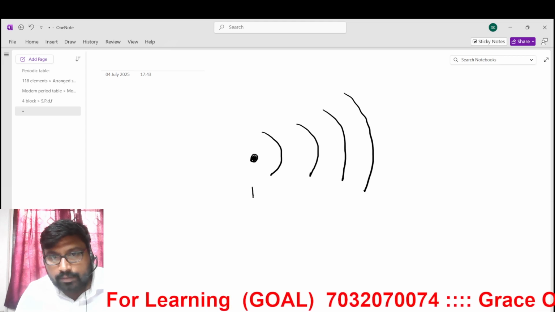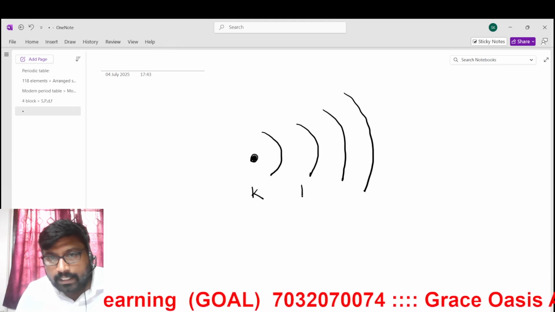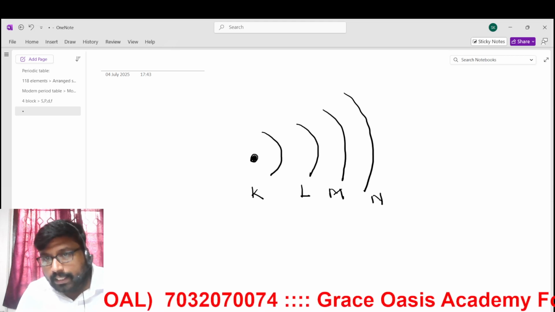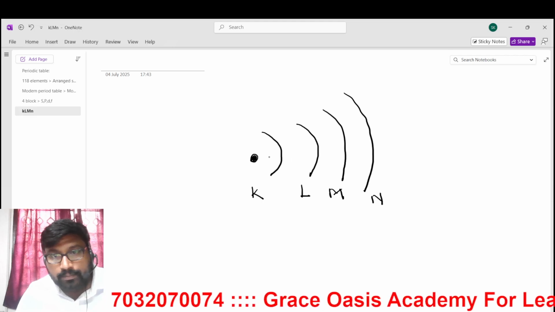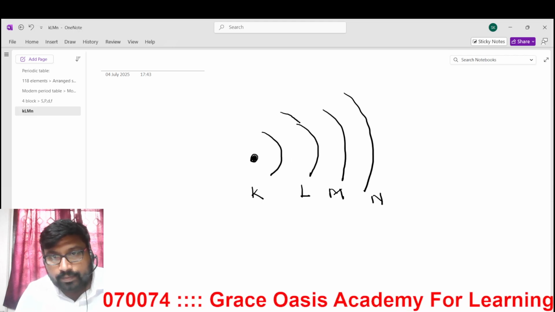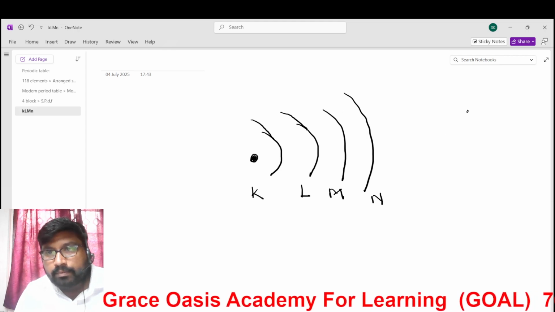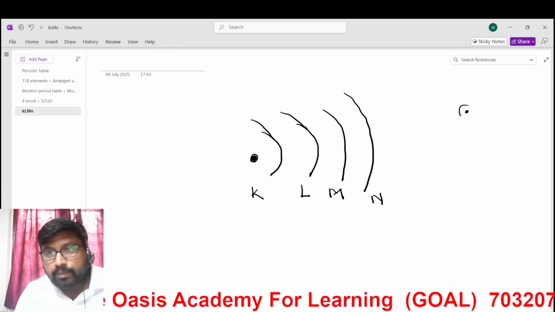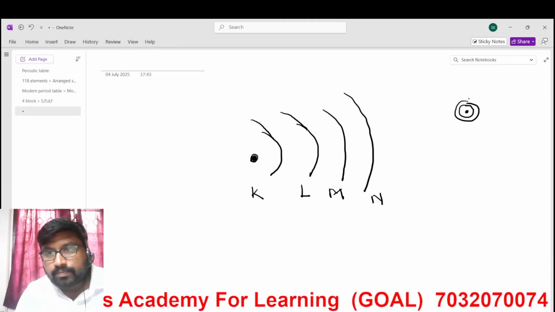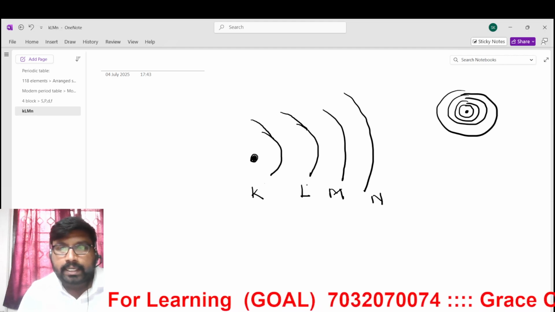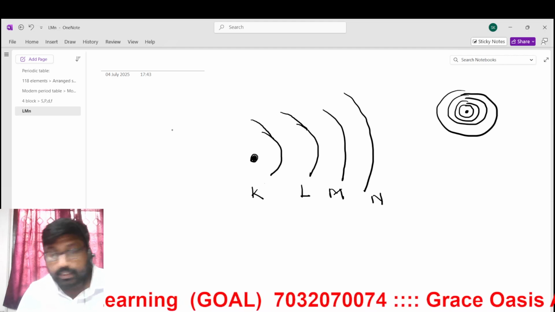The first shell is denoted by K, the second shell L, then M, and N. So in any atom which has a nucleus, there will be this kind of shells.